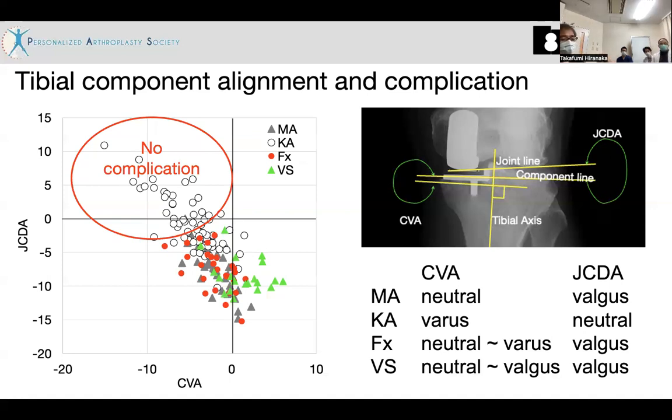So I think valgus placement is safe, but never in valgus against both the tibial axis and the joint line. So now I try to set it as parallel as possible to the joint line.